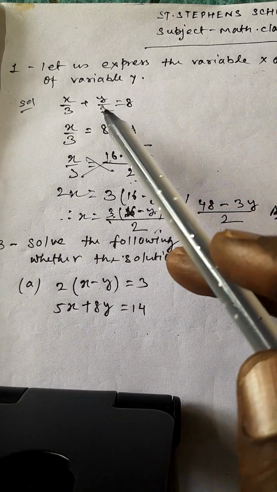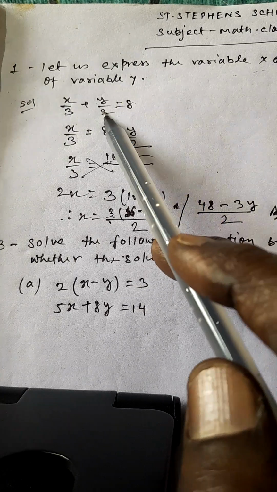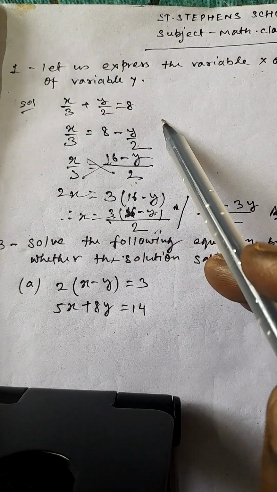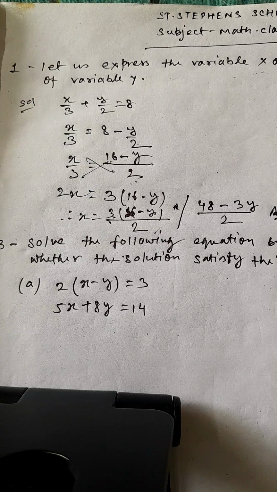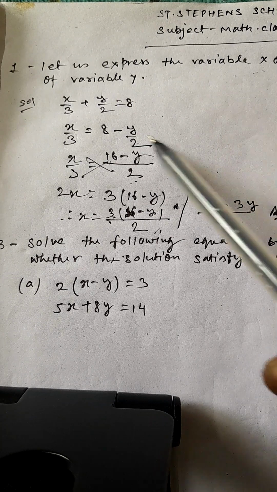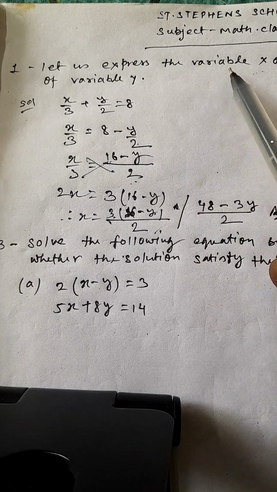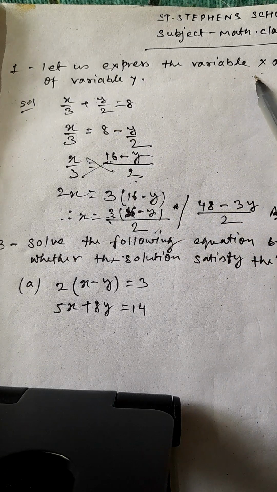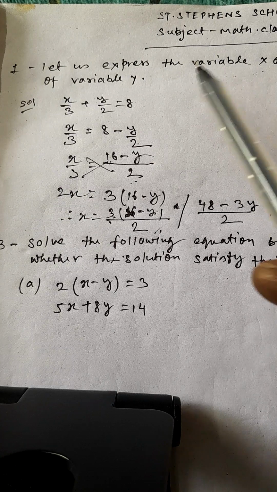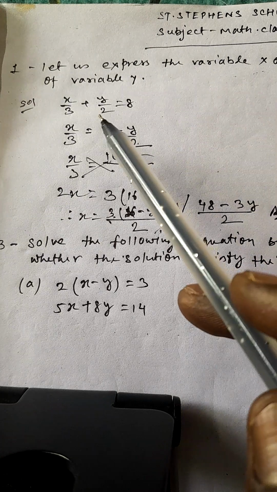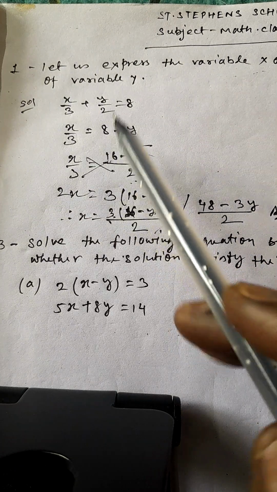So in this case you keep y here and take x there. If asked to express x in terms of y, then you put x here and take y there. And if asked for y in terms of x, then you put y here and take x there.